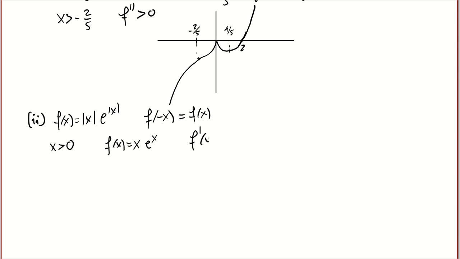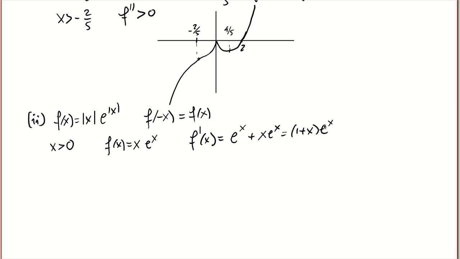and then you can take the derivative, and that is equal to 1 times the exponential plus x times the derivative of the exponential. So 1 plus x times the exponential. Okay, that's the first derivative on the positive side.